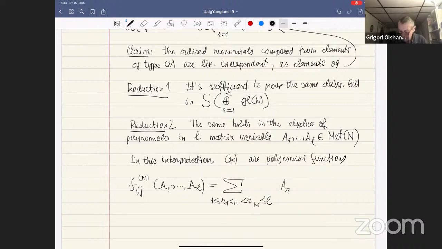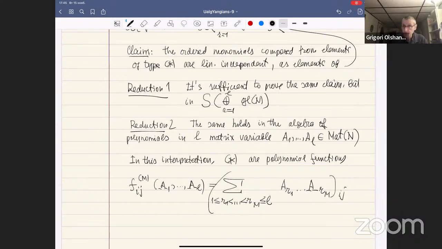We simply pick our arguments which correspond to these positions, multiply the matrices, and then take the IJ matrix value.